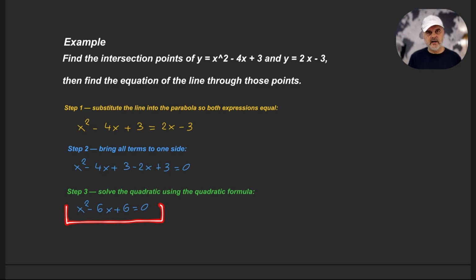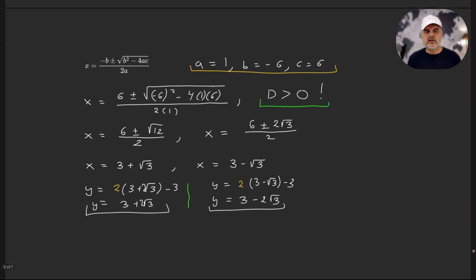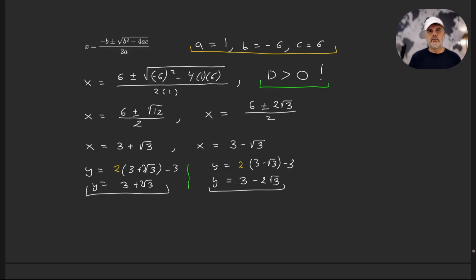Identify that this is a quadratic equation with coefficients A, B, and C. The most efficient way is to use the quadratic formula, which always works. The quadratic formula also confirms, because you will be computing the discriminant in the process, whether you have solutions or not. So A is 1, B is -6, C is 6.